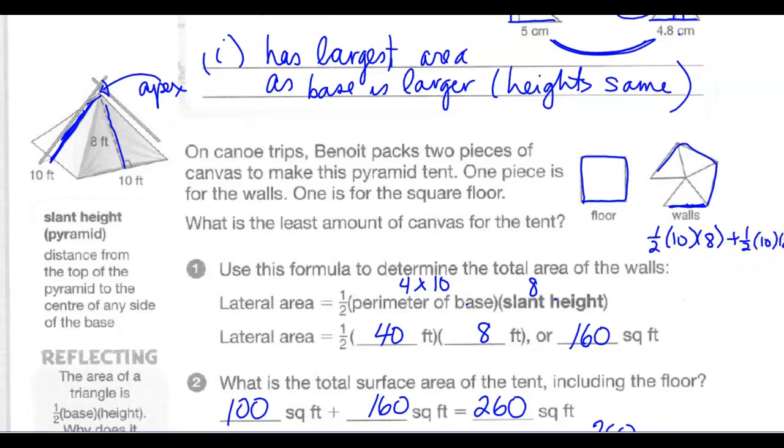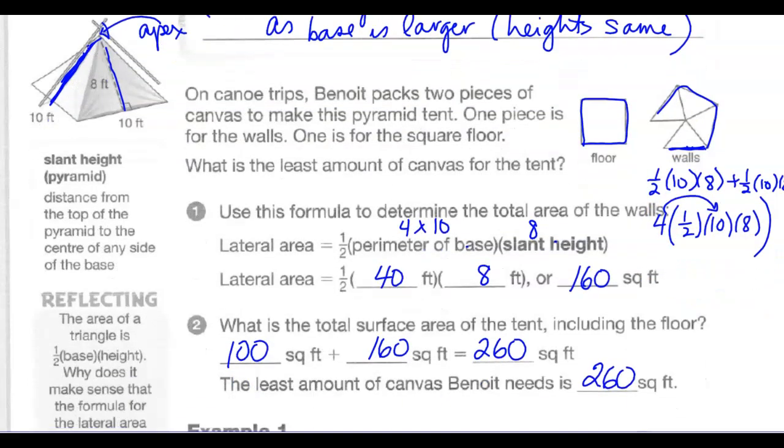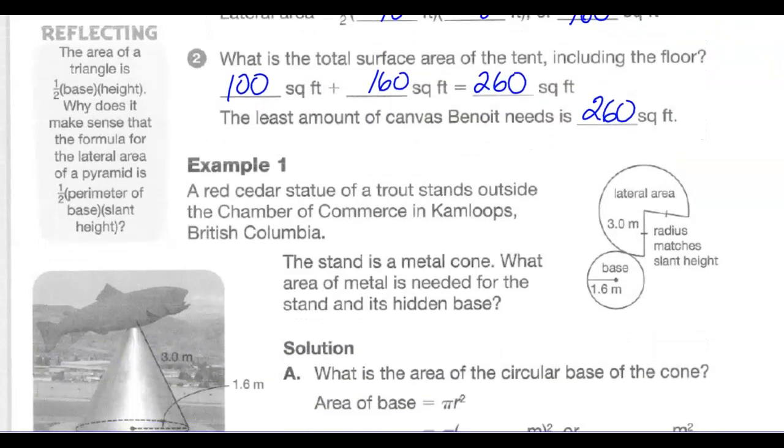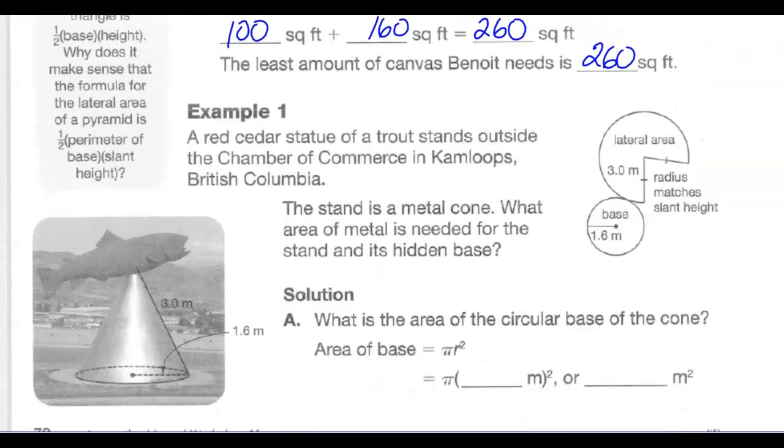We'd have 4 of those, right? And we'd have it again and again. So we'd have 4 times 1/2 times 10 times 8. And so really what we're doing is just multiplying the 10 by 4 rather than the 1/2.